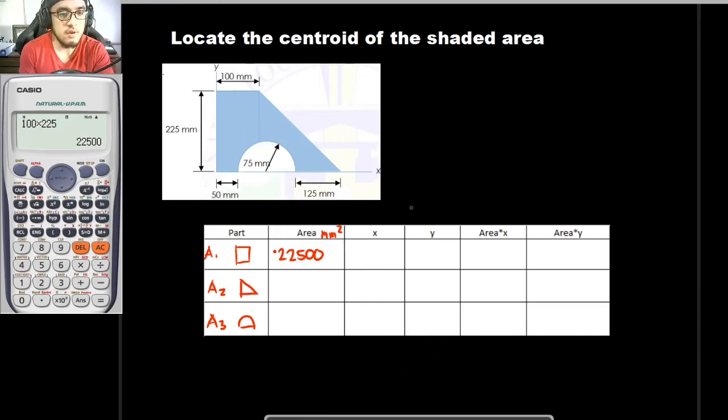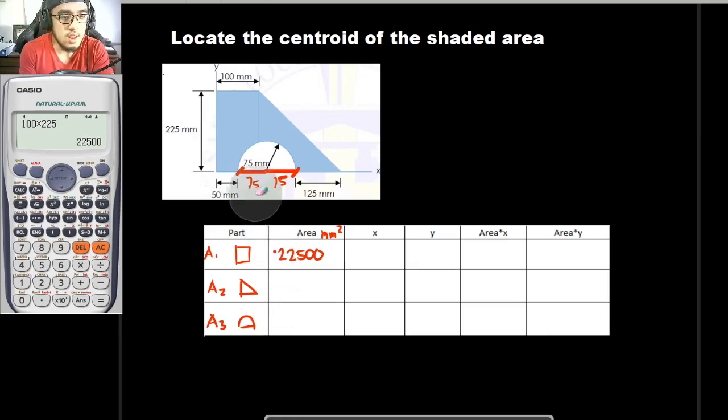So for us to solve for that dimension, take note that the radius of this semicircle right here is to be 75 mm. So meaning this is also 75 mm and this is also 75 mm. So the diameter of this semicircle right here is to be 150 mm, since 75 times 2 is equal to 150. So 75 and 75.